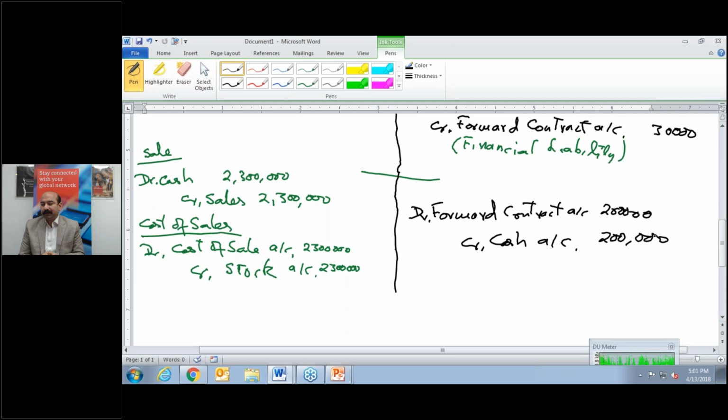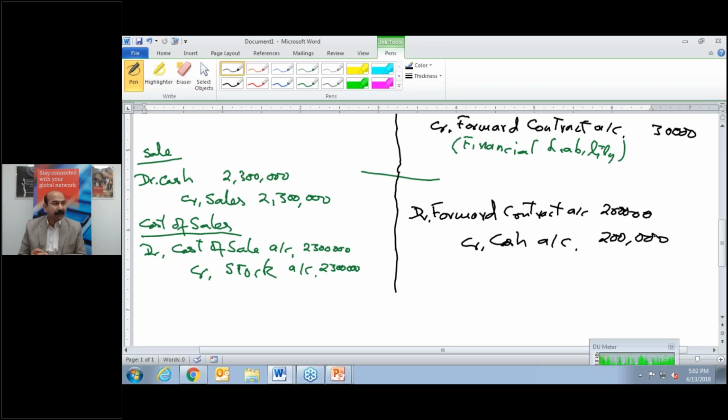And 75% people are saying yes. 25% people are correct. We categorically discussed yesterday that the financial liabilities cannot be reclassified.